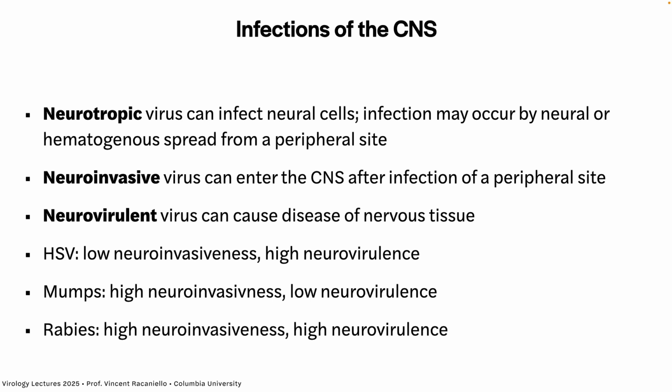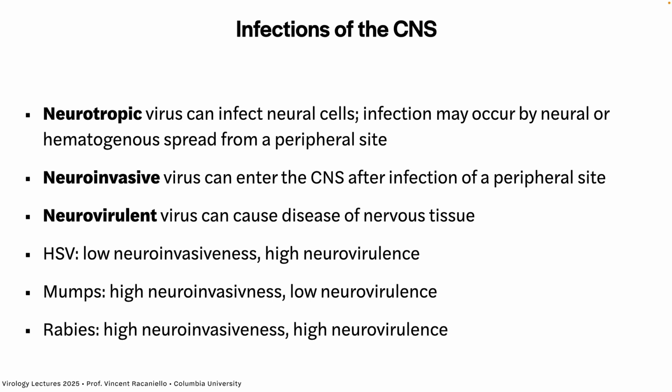So a neurotropic virus simply means it can infect neural cells, no implication about how the virus gets there. A neuroinvasive virus can enter the CNS after you put it peripherally, like in the leg. That's neuroinvasive. And neurovirulent means it causes disease of the CNS.